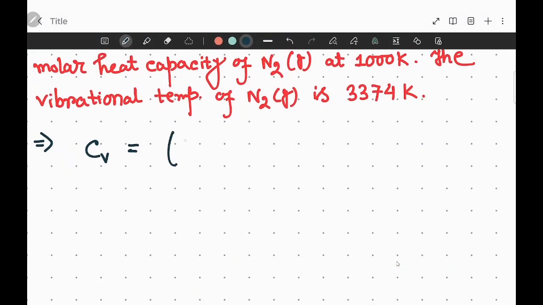That is del U del T at constant V. So we have to calculate that E for the vibrational mode only. That means the vibrational contribution you have to calculate. So this is for only vibration, then this E also has to be due to the vibration.